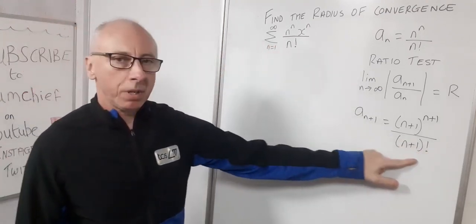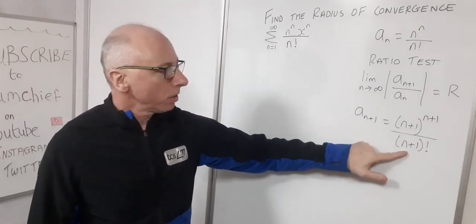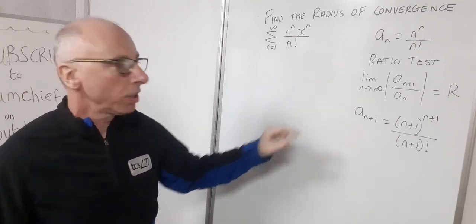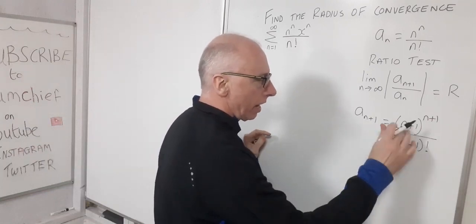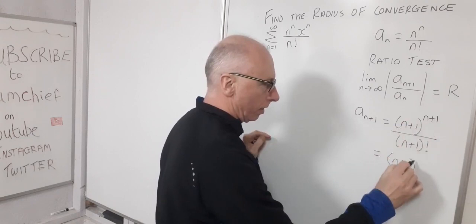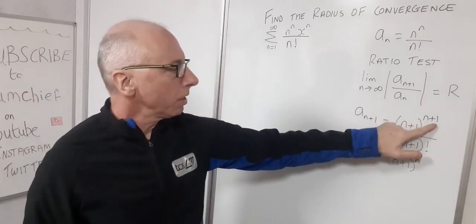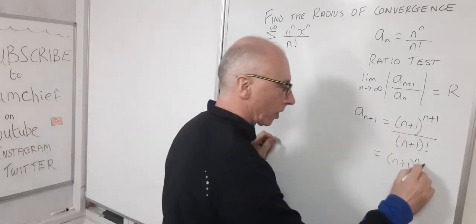Okay, now in previous videos, if you check the link below, we've always broken this down into simpler looking algebra before we plug it into our ratio test. So this here can be rewritten as n plus 1 to the n. That takes care of this bit here, and then with this plus 1, we just multiply that by another n plus 1.